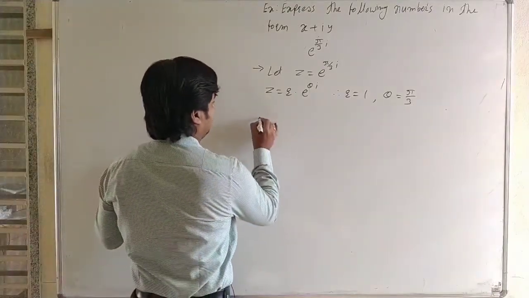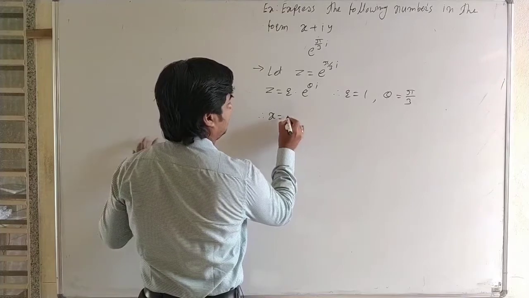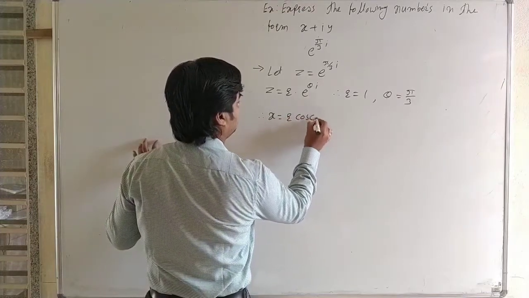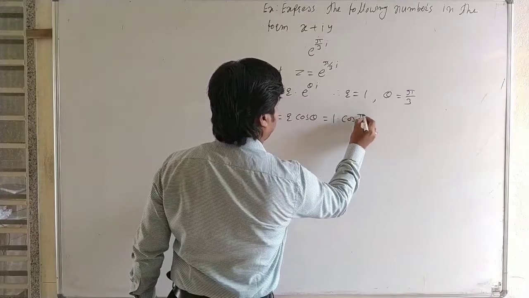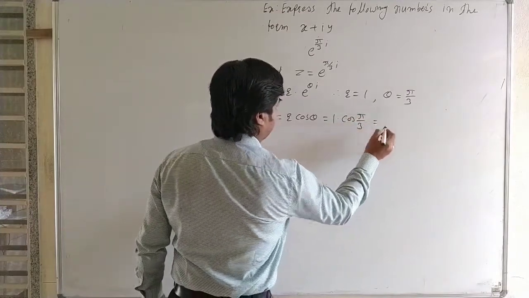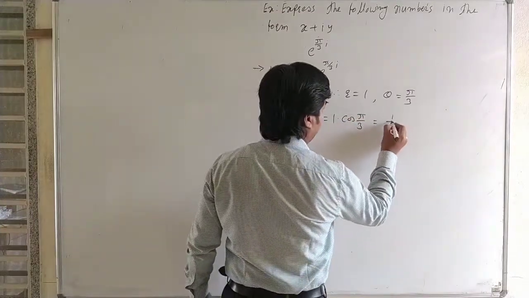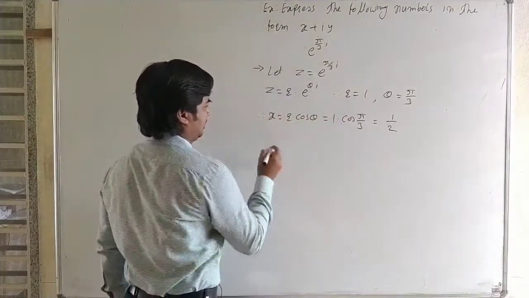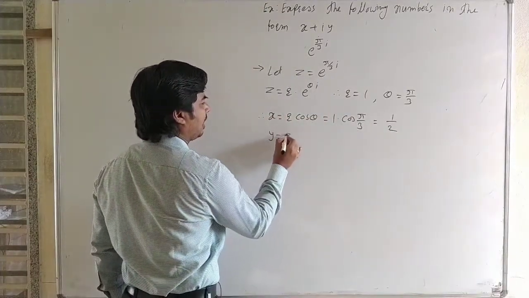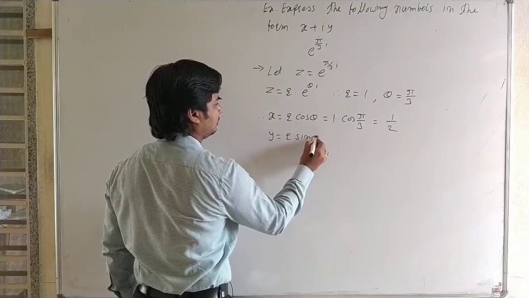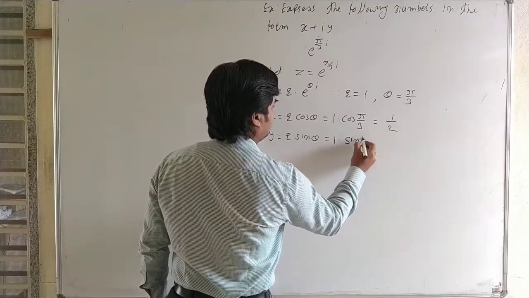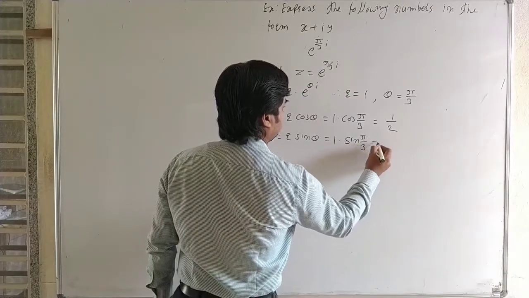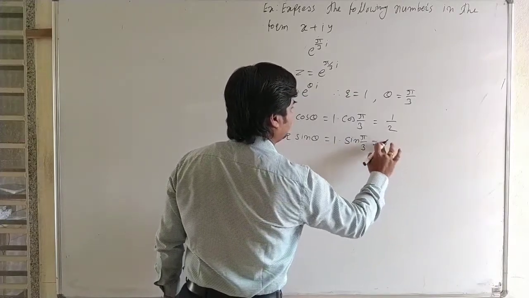Therefore we know that x is equal to r cos theta, that is 1 into cos pi by 3, and cos pi by 3, which is cos 60, is 1 by 2. And y is equal to r sin theta, that is 1 into sin pi by 3, that is 1 into root 3 by 2.